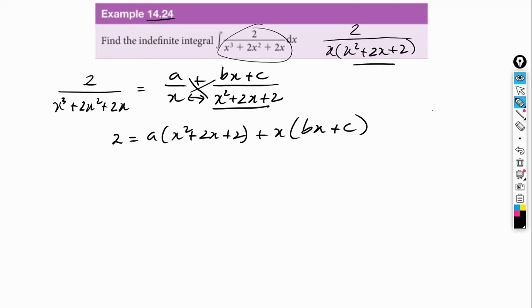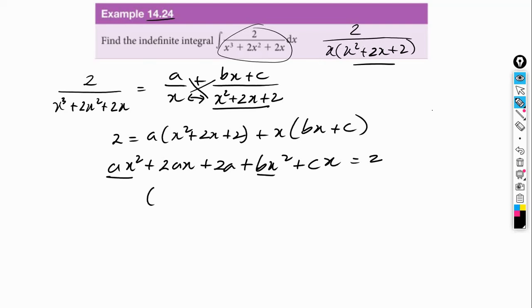So I'm going to rewrite this on the left-hand side. So we're going to get that ax squared plus 2ax plus 2a plus bx squared plus cx, and this is equal to 2. Okay, so let's put together similar terms. So notice that this and this are similar terms.